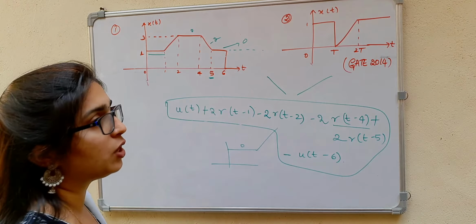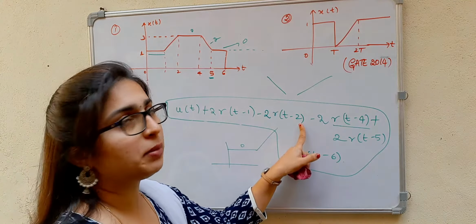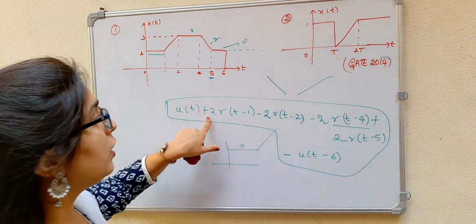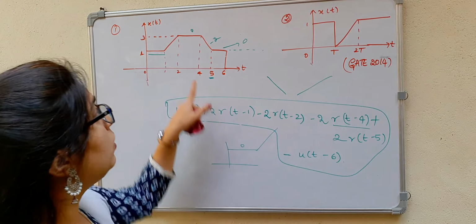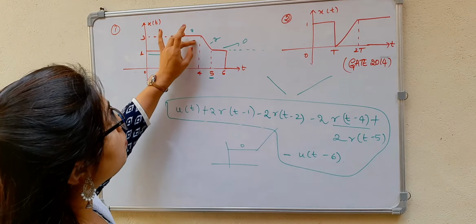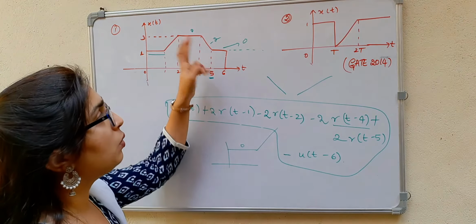Where it is starting, you have to see. Now again the slope is changing at 2, so I will consider t minus 2. What will be your slope? That is equal to 0. So if I add minus 2, then only I will get 0. So from 0, if I am getting the slope with minus 2, then I have to add minus 2.